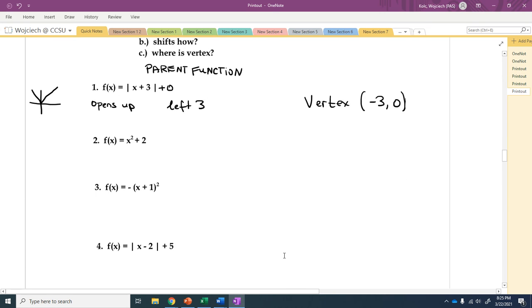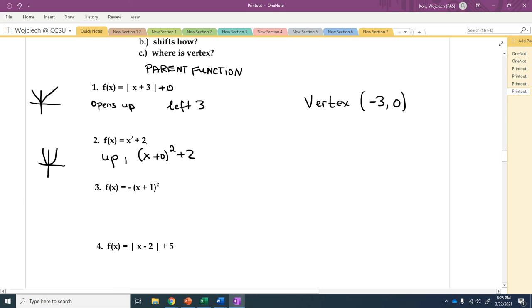Question number 2. The parent function is your parabola y equals x squared. This is a U-shaped letter. Okay, first question, opens up or down? I'm going to say up. How do I know it? It's 1x squared. Do we go left or right? And the answer is no, because it's technically x plus 0 squared plus 2. Okay, so this is like x plus 0, which means I don't go left or right.